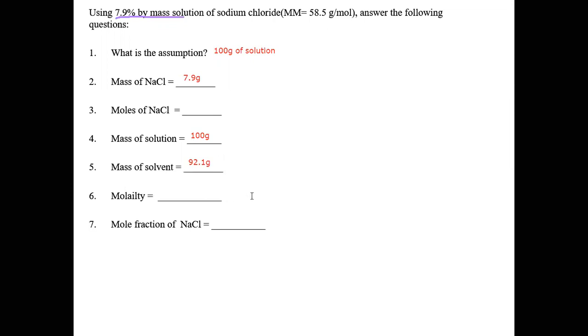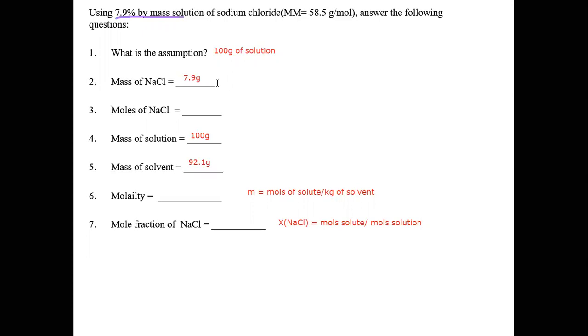So remember, molality, little m, is moles of solute divided by kilograms of solvent. And mole fraction, which is X, is moles of solute over moles of solution. So we have the mass of solution, we have the mass of solvent, we have the mass of sodium chloride.